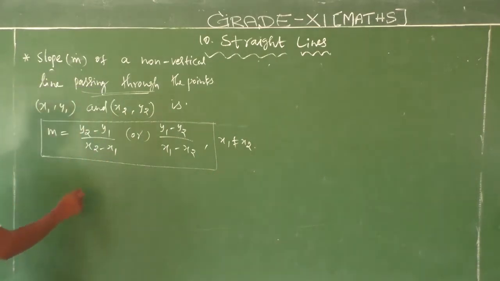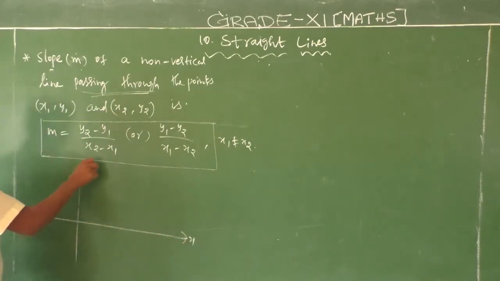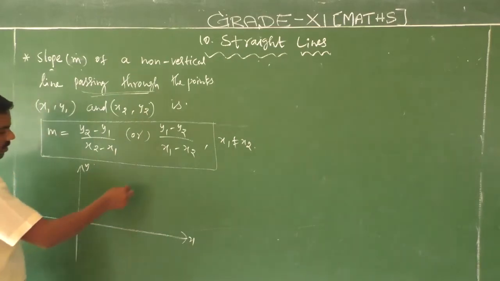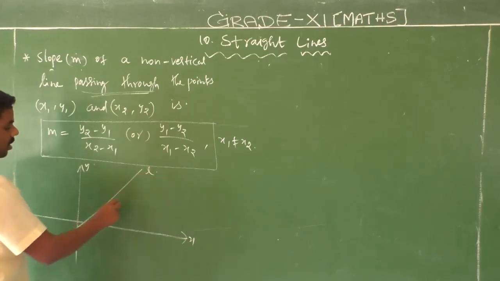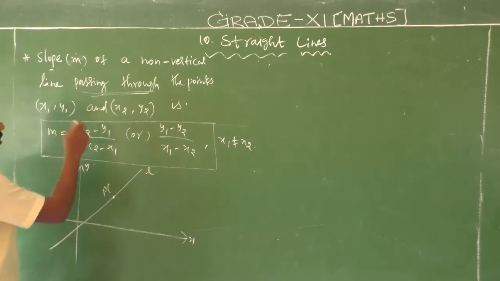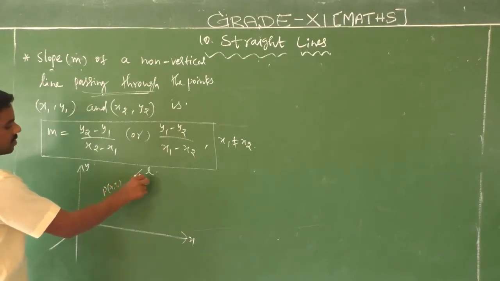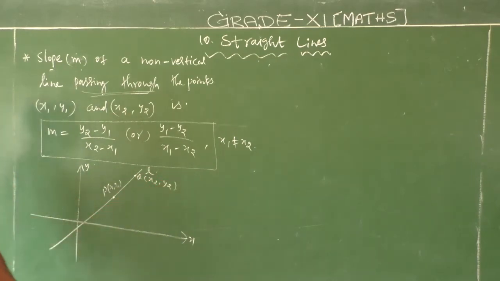Right. Let us consider the x-axis and y-axis. I draw the line L, and it passes through the point P. Let the point P be x1, y1, and point Q be x2, y2.